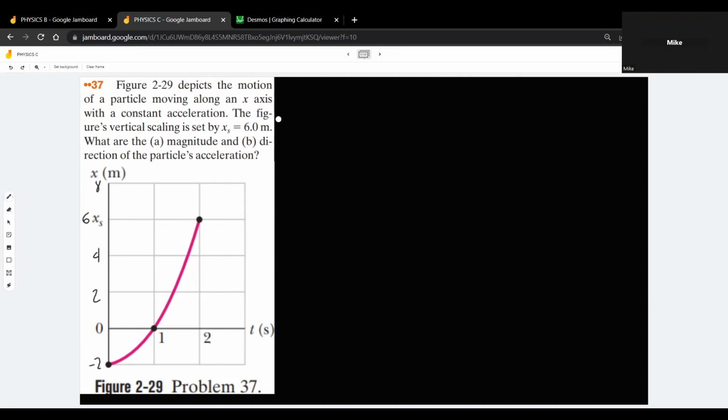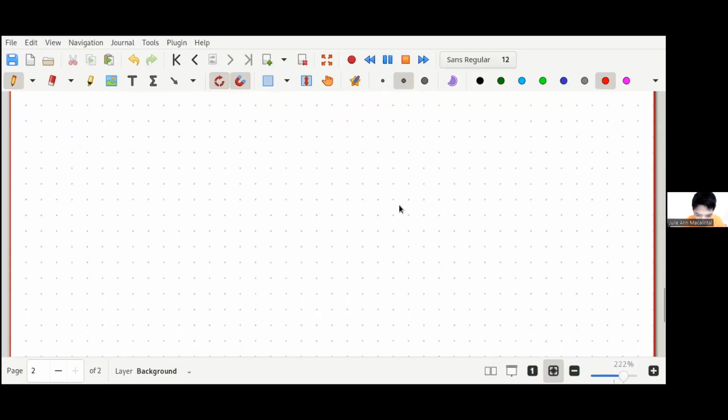Kaya, share ko yung screen ko. Yung velocity, velocity time minus 1/2 acceleration time squared. Pakita ko lang yung derivation.